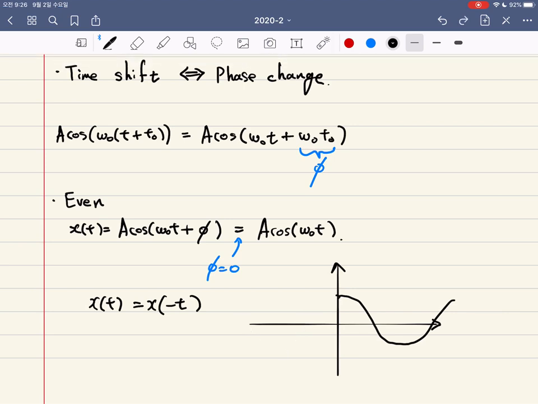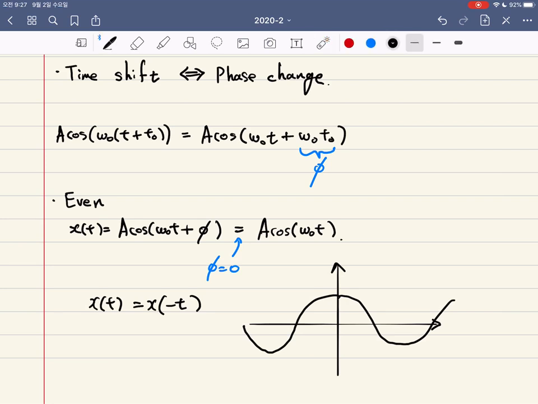So the cosine wave is the most famous even function. Geometrically, you can say that an even function is symmetric with respect to the y-axis.